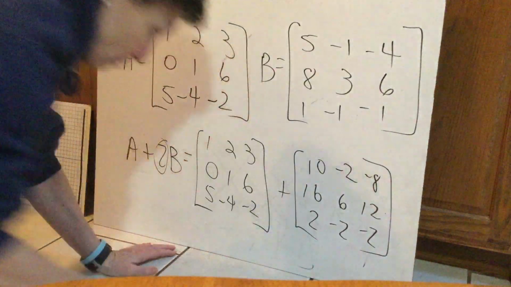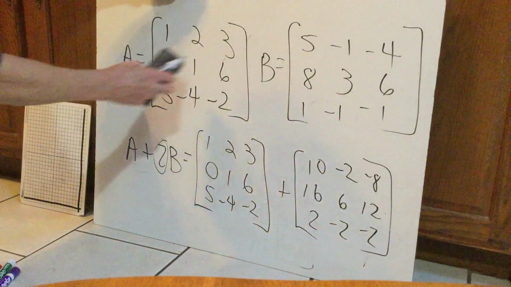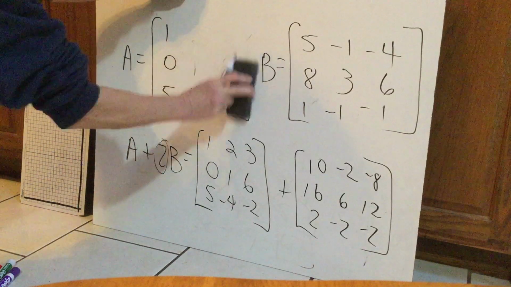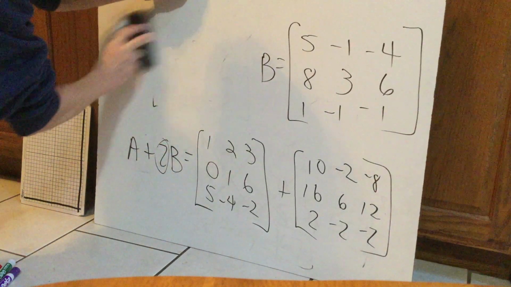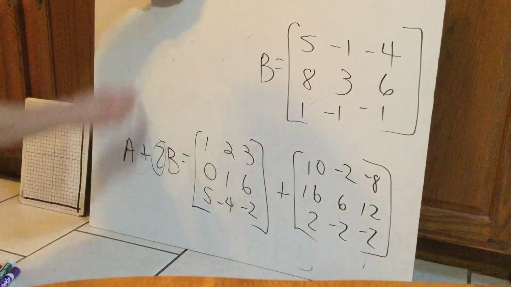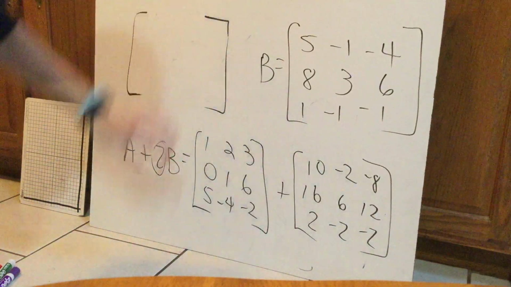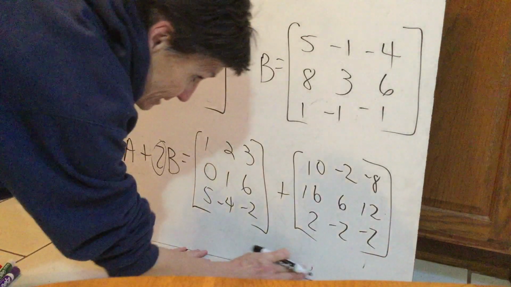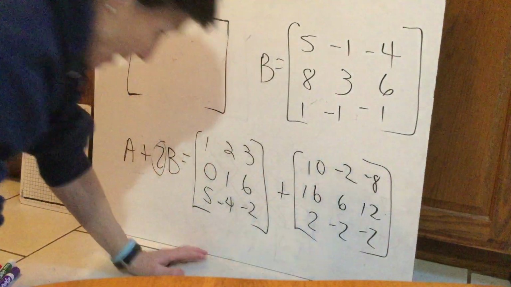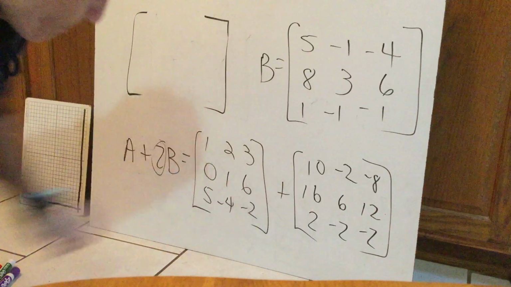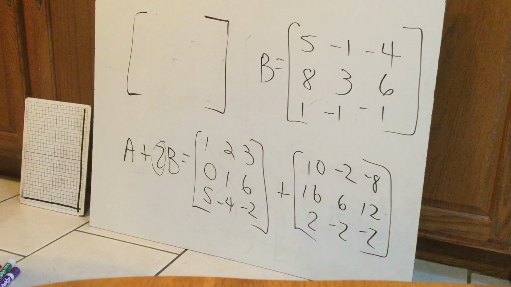And now I'm going to add them together. I'm out of room on my little board here, so I'm going to go ahead and just write the answer up here. Remember the rule for addition. If we're going to add them, they have to be the same size. And these are both the same size. So I can go ahead and add them. And I do that entry by entry.